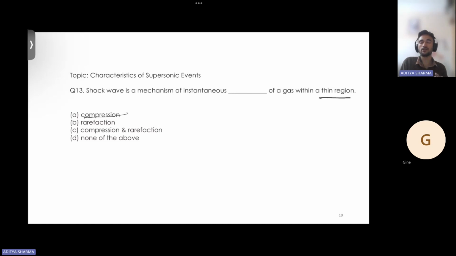These studies have been done in our lab in the past. Shock waves cannot be taken lightly, not at all. How to counter these shock waves? There is ongoing research in this field.